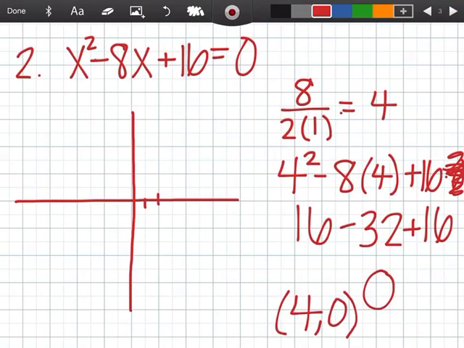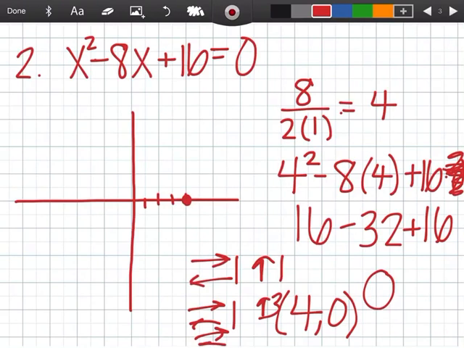So I'm going to go to 4, 0 and plot the point. The standard movements are to go over 1, up 1, over 1, up 3, over 1, up 5. So from that vertex, I'll go over 1 up 1, over 1 up 3, and I think that's as far as I'm going to go.